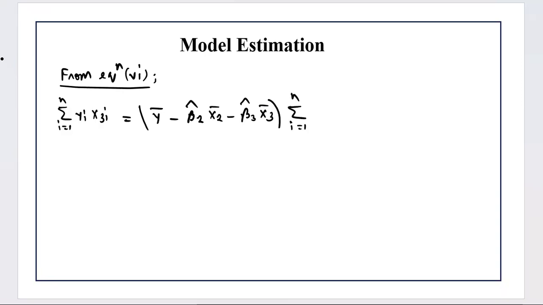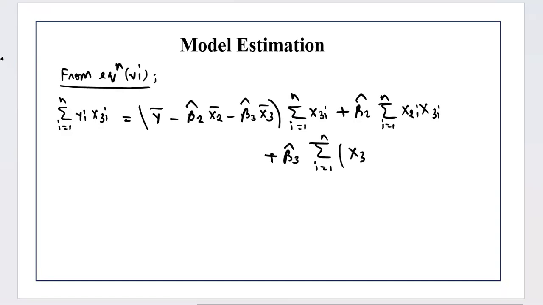Then write everything as it is, x3i, beta 2 cap summation i from 1 to n x2i x3i plus beta 3 cap summation i from 1 to n x3i and a whole square of that. Right? This is what you will have.